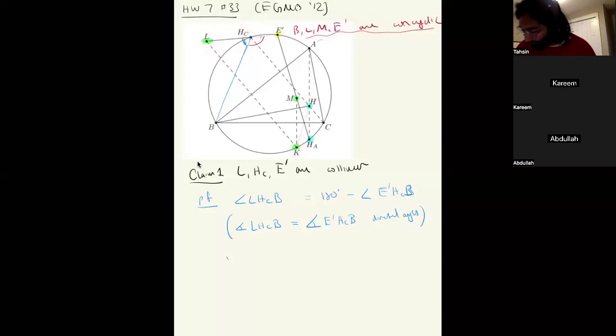So first you can start by saying angle LHCB is equal to BHK.